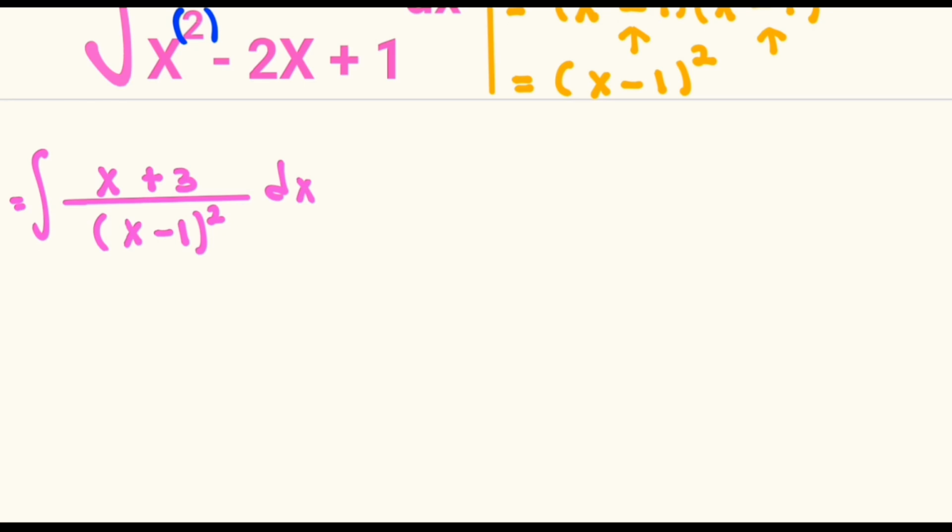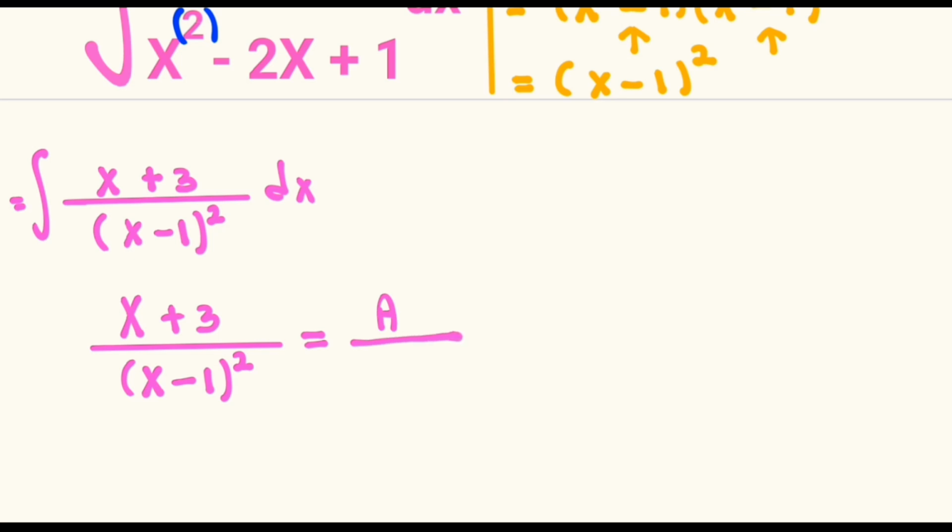For now, let's drop the integral and focus on simplifying x plus 3 divided by x minus 1 squared, and this will be equal to a divided by x minus 1, and since we have repeated linear factors in the denominator, this will be plus b divided by x minus 1 squared.